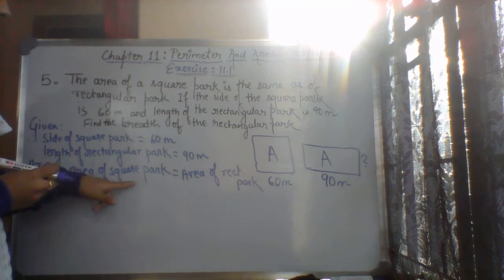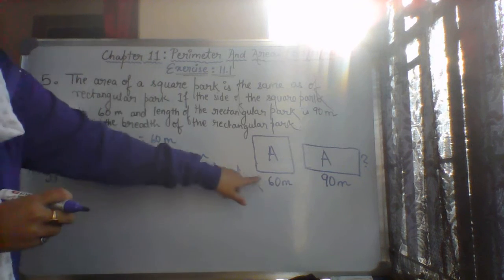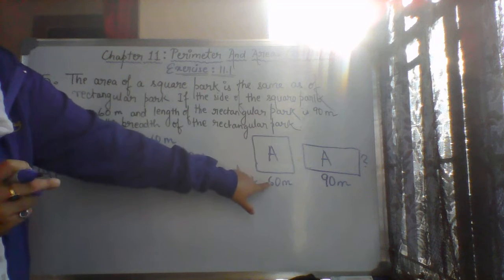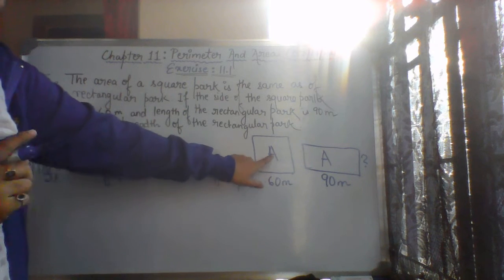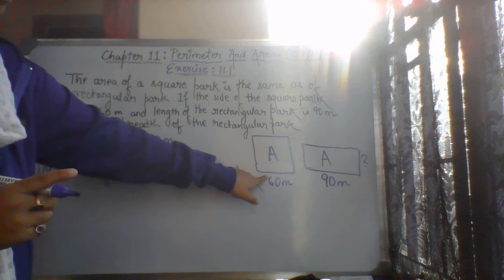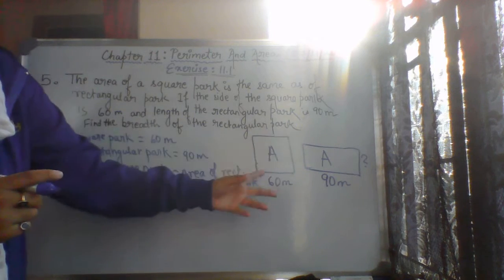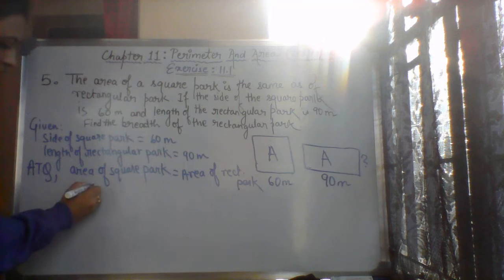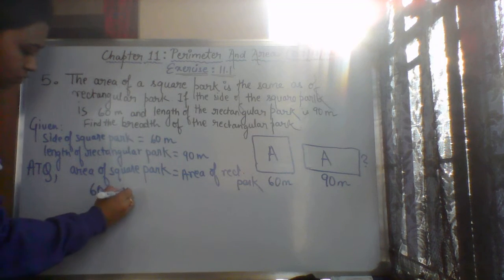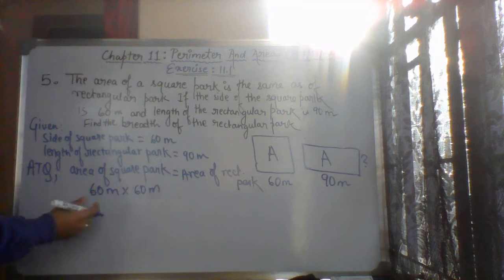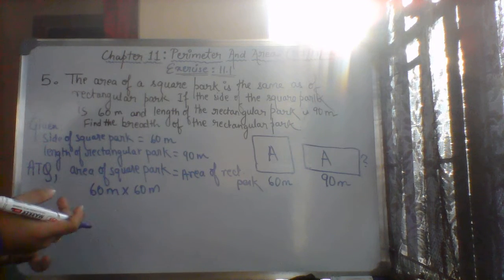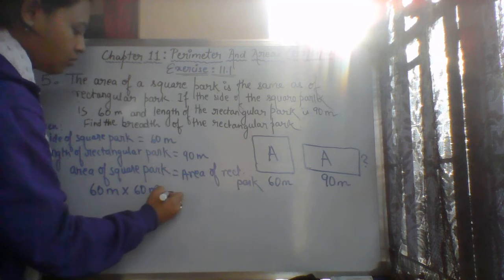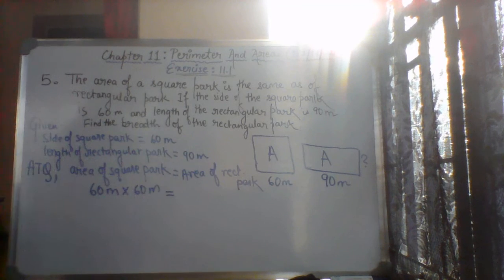Area of the square means side into side. Each side is 60 meter. So the area of the square will be 60 meter into 60 meter, side into side or side square, A square, which equals the area of the rectangular park.